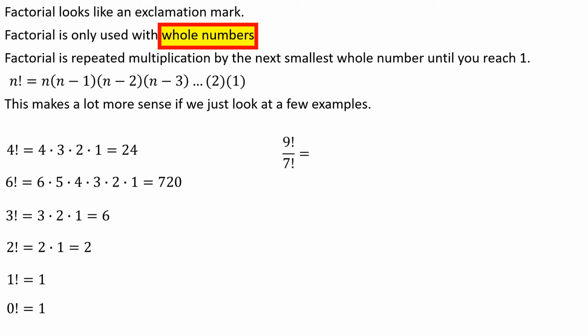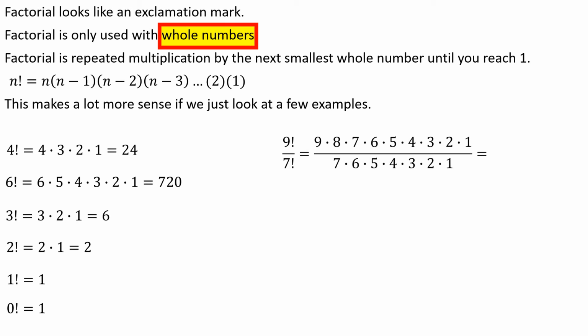All right. Now, besides just being able to calculate a factorial, we will often see them as a fraction. So in this example, I've got 9 factorial as the numerator, 7 factorial as the denominator. So the top of the fraction is 9 times 8 times 7 times 6 times 5 times 4 times 3 times 2 times 1.